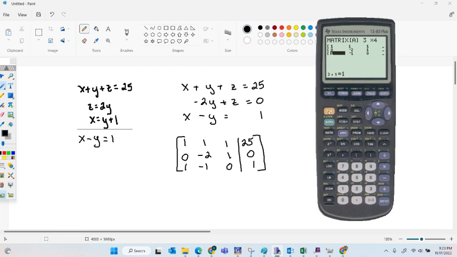Now we're going to do the RREF. So go out, back in, matrix math, enter on RREF, pick matrix 1 or matrix A. We go here, here's our 7, our 6, and our 12.